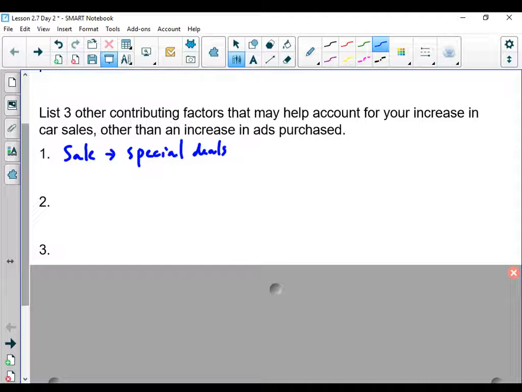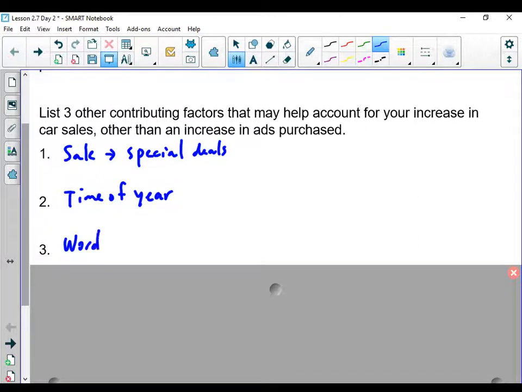Some people talk about the time of year, because different times of the year sometimes lead to increased car sales, whether it be Christmas time, or during the summer, whatever the case may be. They have these different times of year where car sales are going to go up. Maybe you said, well, it's just word of mouth.